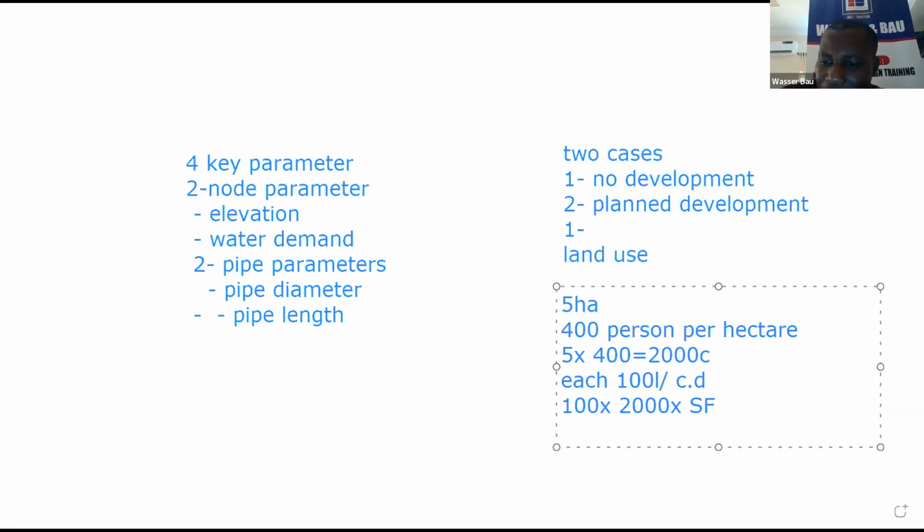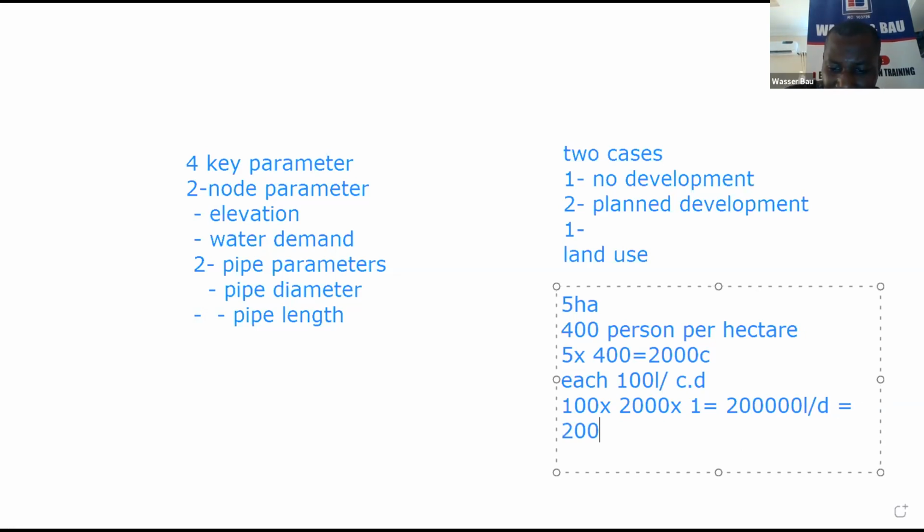Let's assume the safety factor is 1, which it shouldn't be. It's 1.3 and 2.3. If it is 1, for instance, it means the quantity of water they need will be 200,000 liters per day. Somebody can also write this as 200 cubic meters per day.